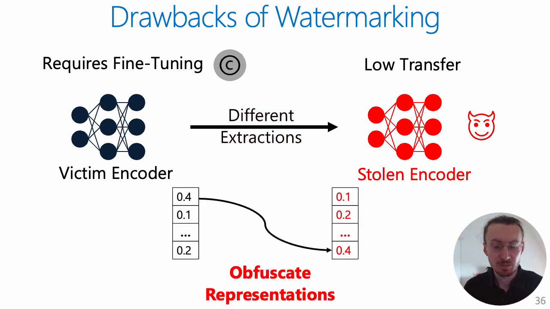Finally, there exist many methods to remove watermarks. For example, in the case of the rotation watermark, an adversary can obfuscate the representations to fool detection of the watermark. Some researchers showed that we can remove watermarks via, for example, model compression or model pruning.